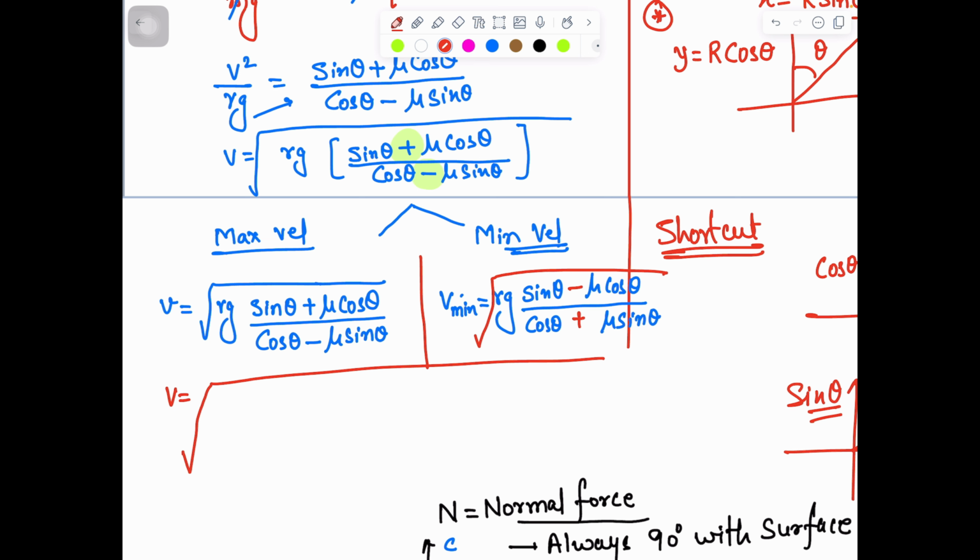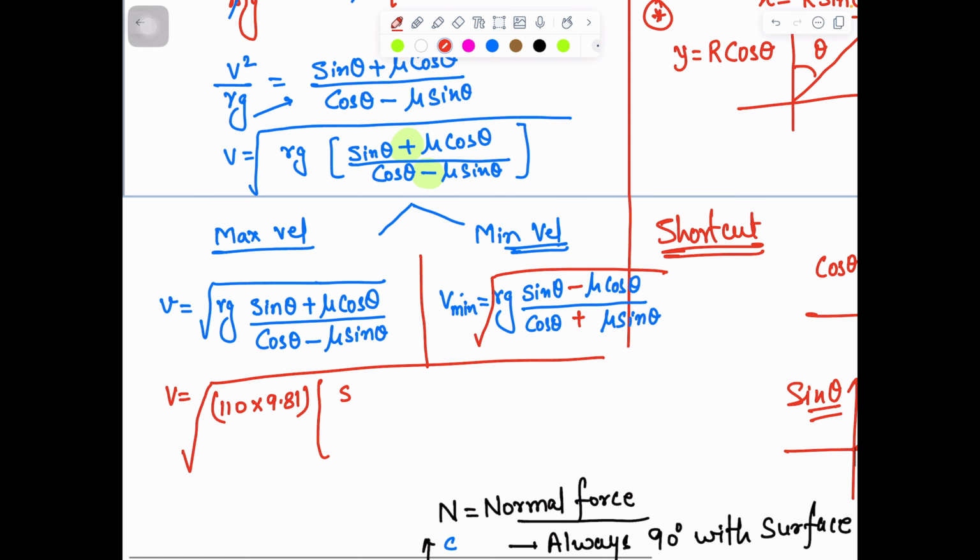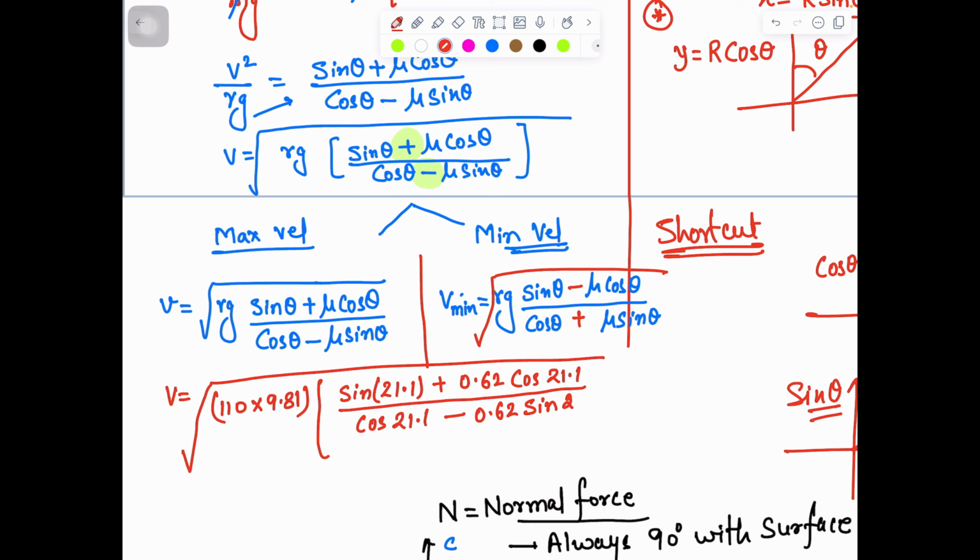R is 110, multiply 9.81, big bracket, sine of the angle we have, 21.1, plus mu 0.62 cos 21.1, divided by cos 21.1 minus mu 0.62 sine 21.1.